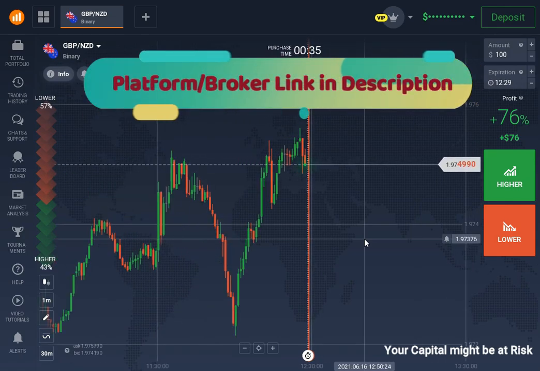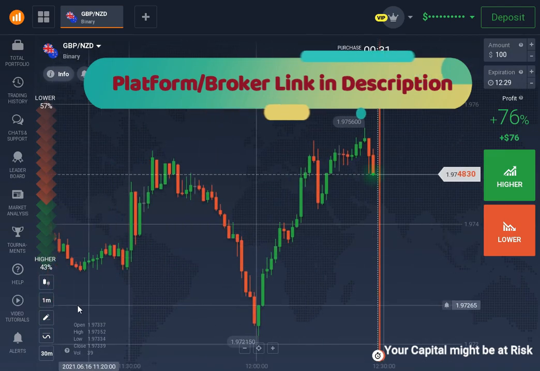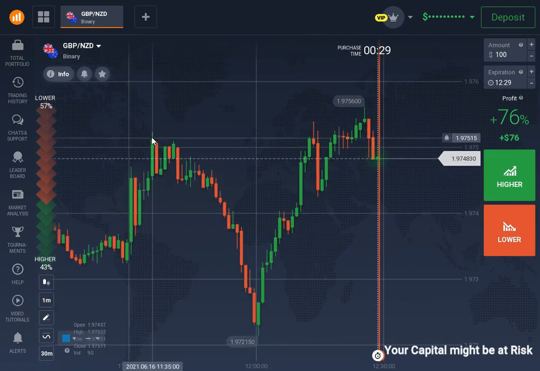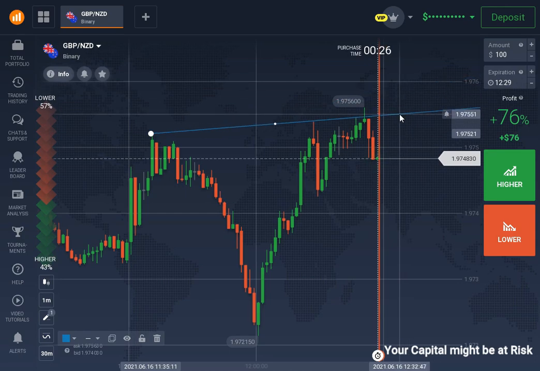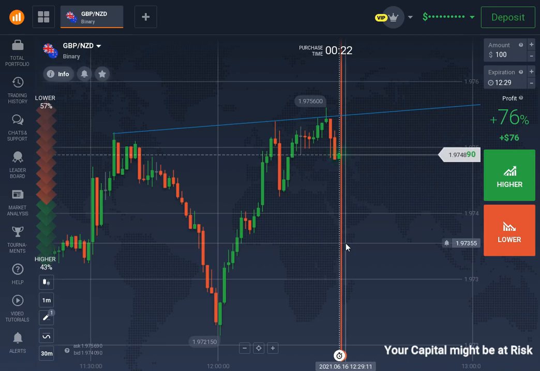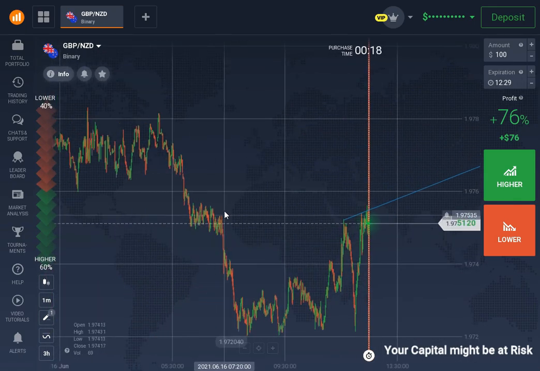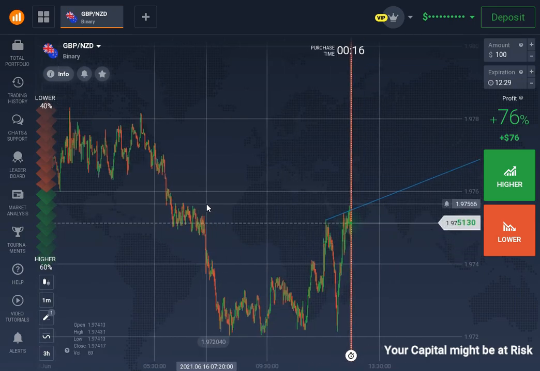As you can see, the market is moving in the downward direction right now. Let me draw some levels here. We have this resistance level, a trend line, and currently what I need is the market to break through this level.